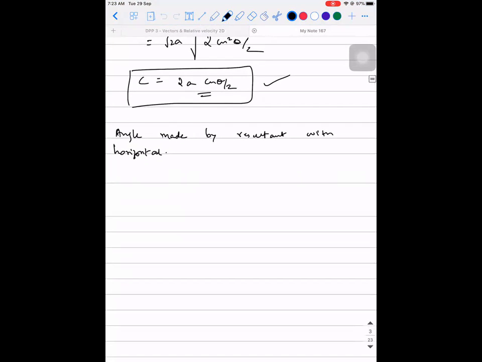That is, tan alpha is equal to, okay, what is tan alpha? B sin theta divided by a plus b cos theta.